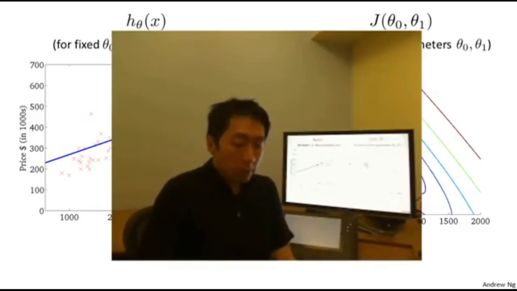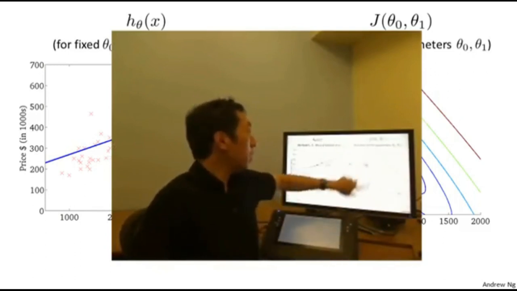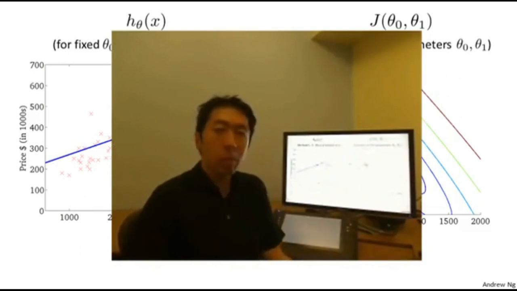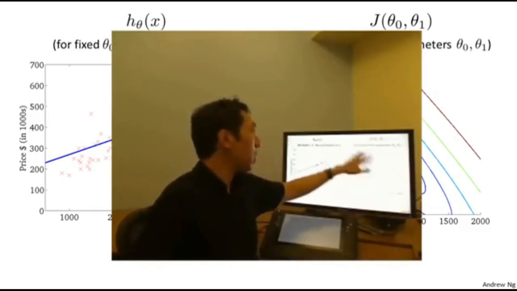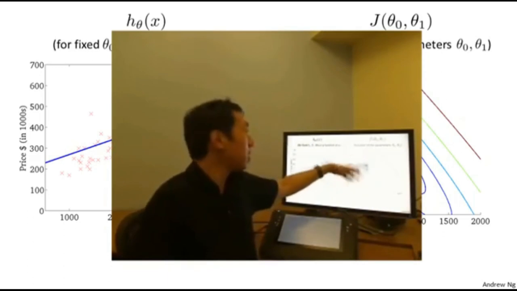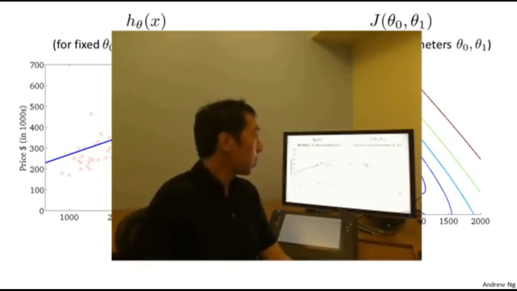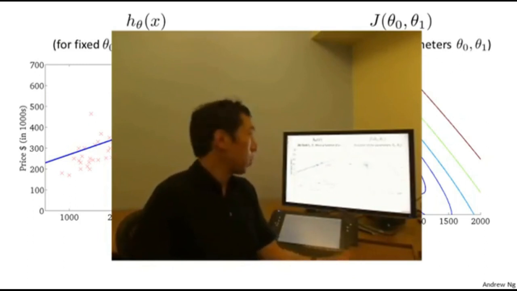Now, of course, what we really want is an efficient algorithm, like an efficient piece of software, for automatically finding the value of theta 0 and theta 1 that minimizes the cost function J. What we don't want to do is to have to write software to plot out this point and then try to manually read off the numbers. That's just not a good way to do it. In fact, we'll see later that when we look at more complicated examples, we'll have higher dimensional figures with more parameters.